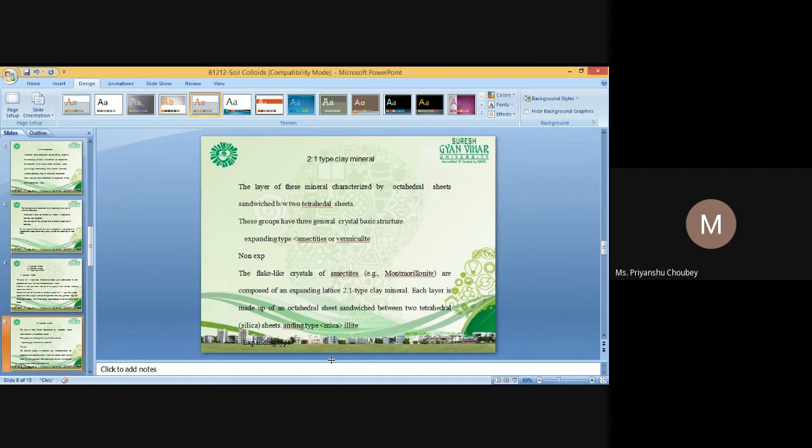Soil taxonomy. Let's see now soil taxonomy. Soil taxonomy comprises a system of soil classification.